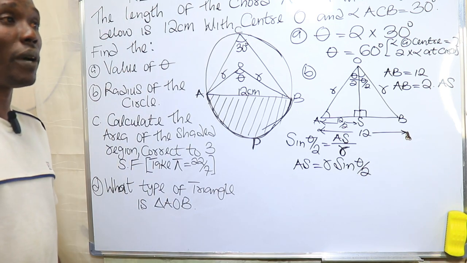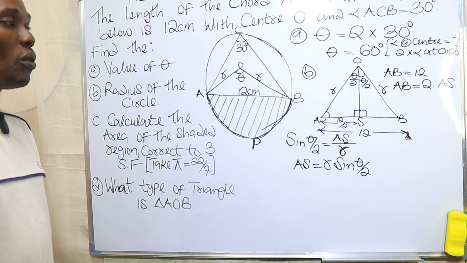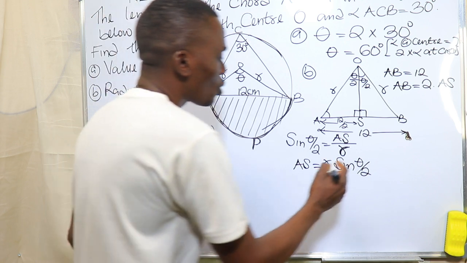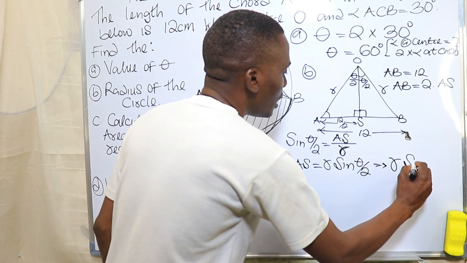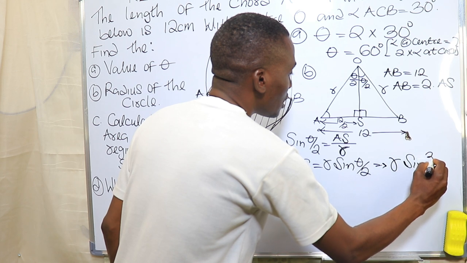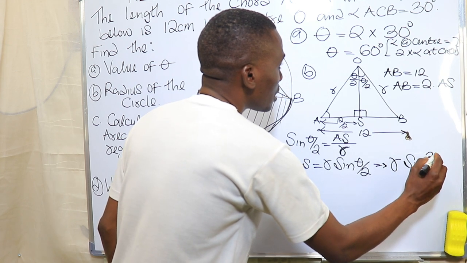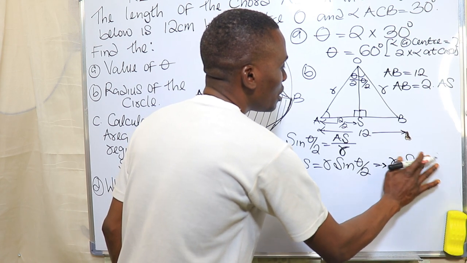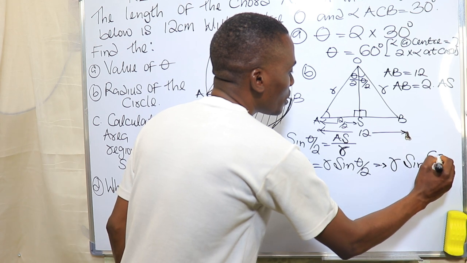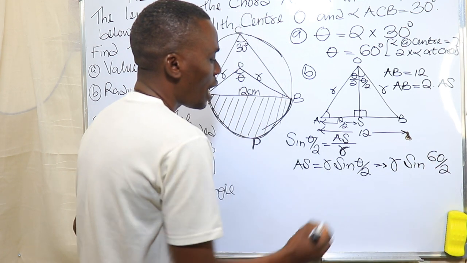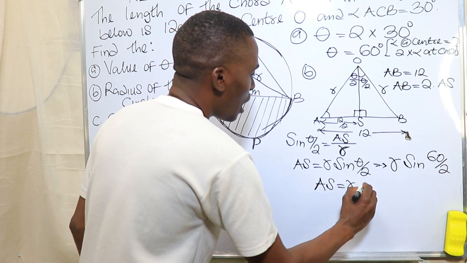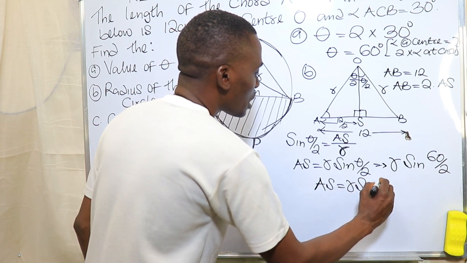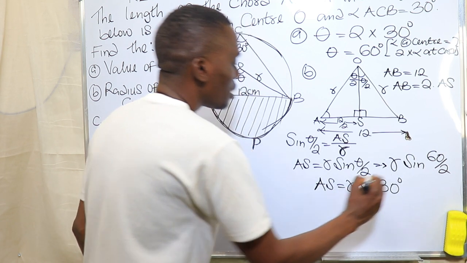And theta divided by 2 is automatically 30, since theta is 60, divided by 2.